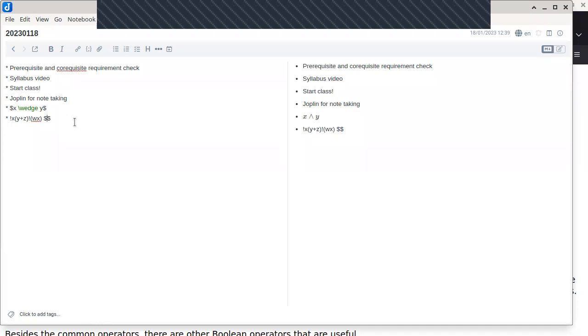Now, I forgot to tell you one thing, which is essential: the priority of operators. The operator that has the highest priority is negation. Then the next one is conjunction, and the operator that has the least priority is disjunction. What does that mean? How do you use those priorities?